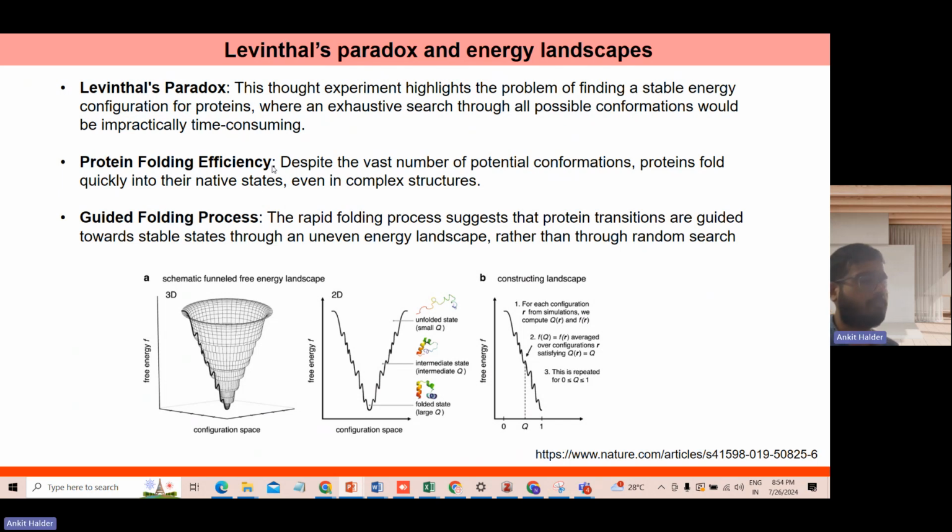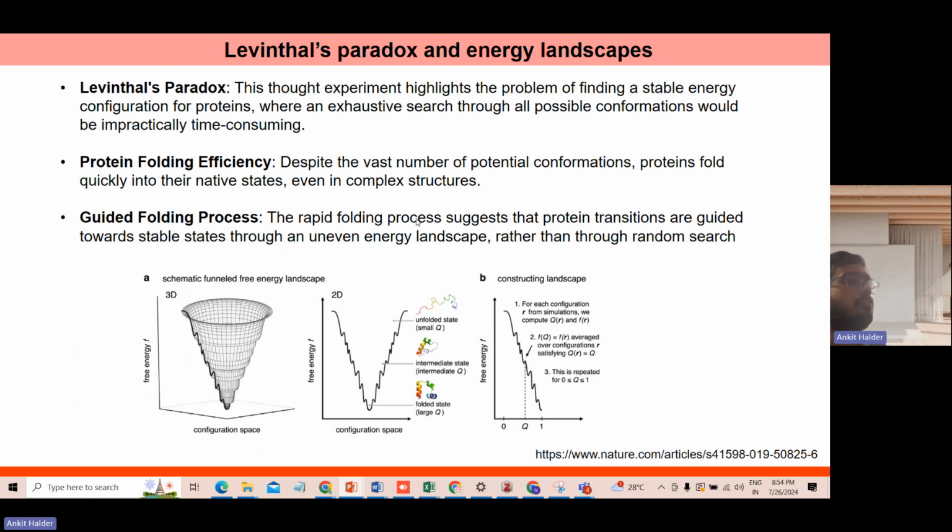Despite the vast number of potential conformations, proteins fold quickly into their native states, even in complex structures.